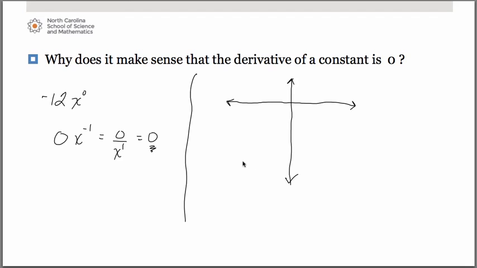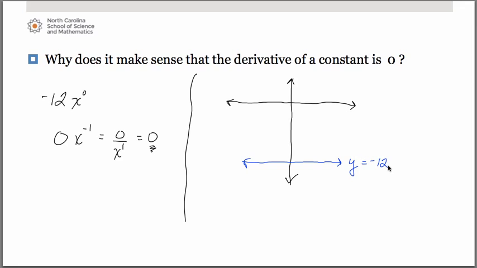So let me put it right about here. Well, it's a horizontal line, right? What is the slope of any horizontal line? It's 0.